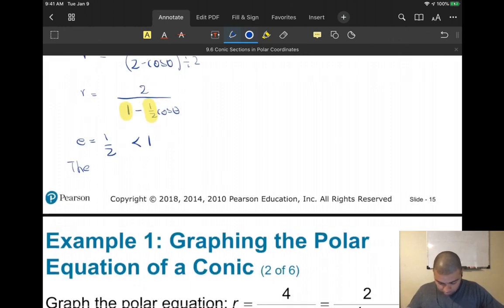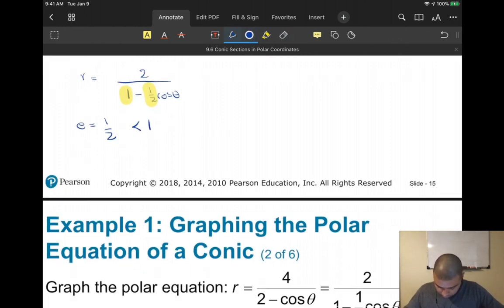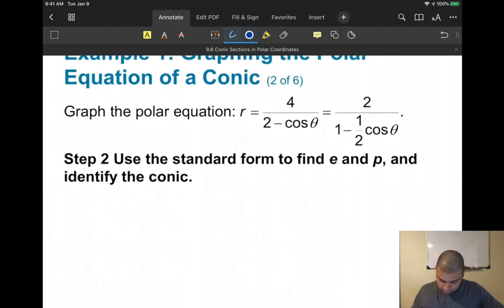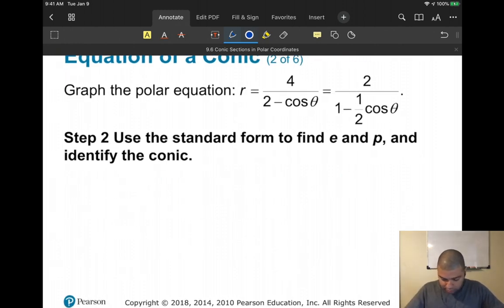So I'll move on to the next slide, because that's, I think, where I do this. So I can easily see that e is 1/2, and that p, so remember, the top is EP, so EP equals 2, and I know e is 1/2, so p equals 4.